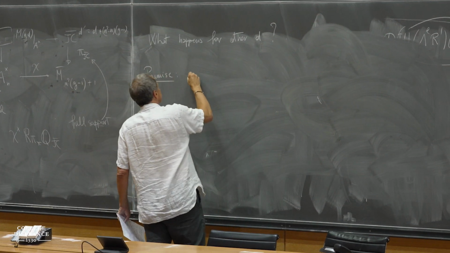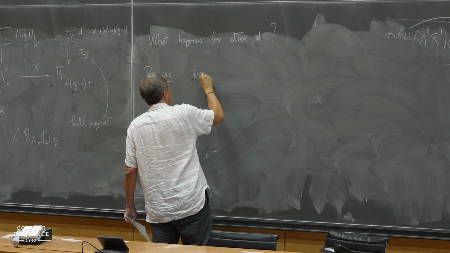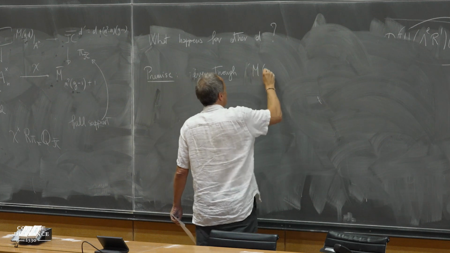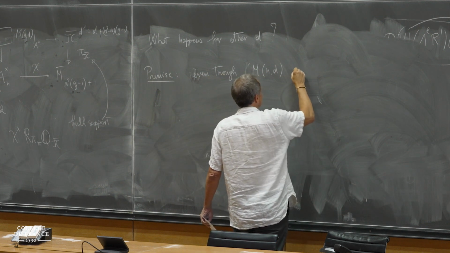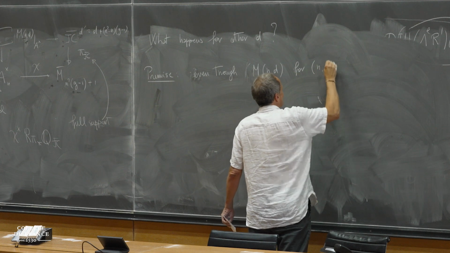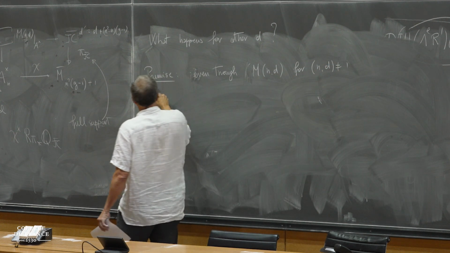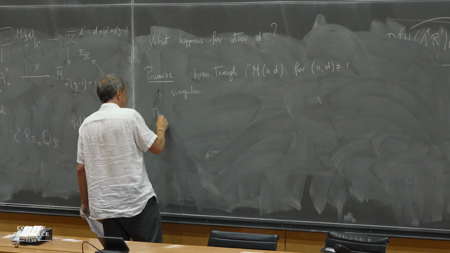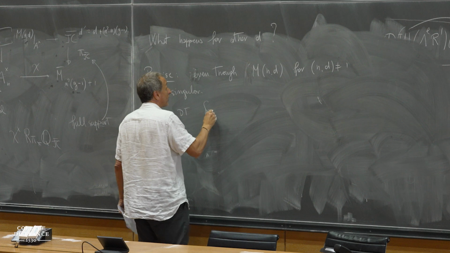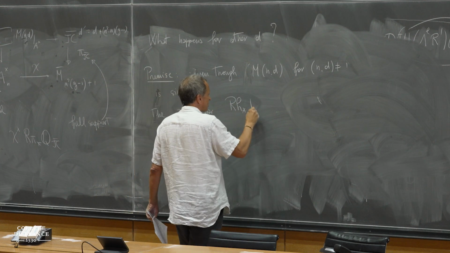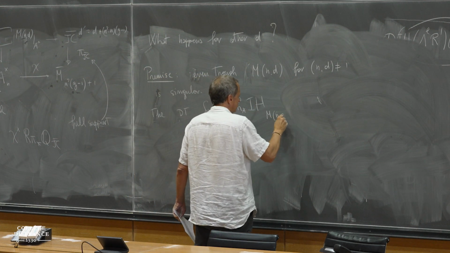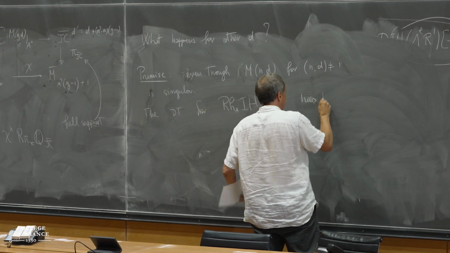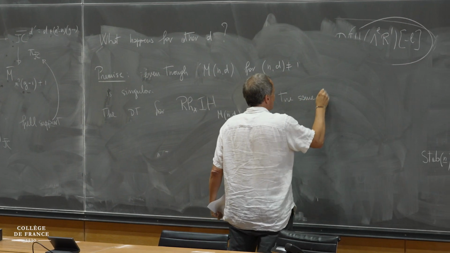So even though M_{n,d}, for n and d not coprime, is singular, the decomposition theorem for the direct image of the intersection cohomology has the same structure.